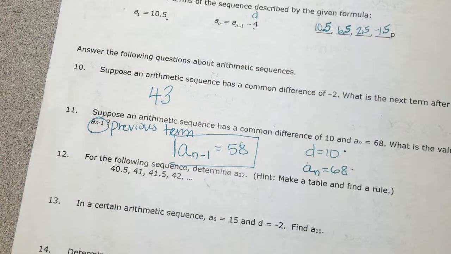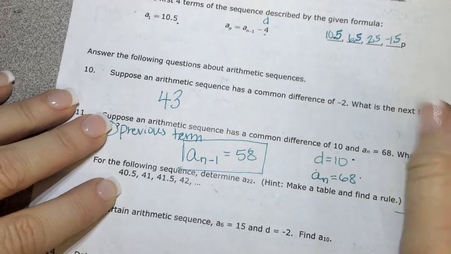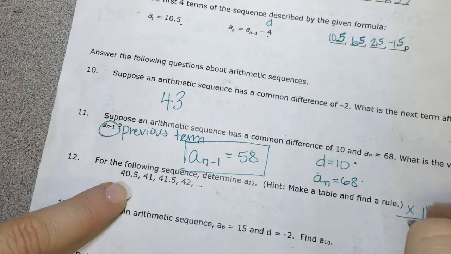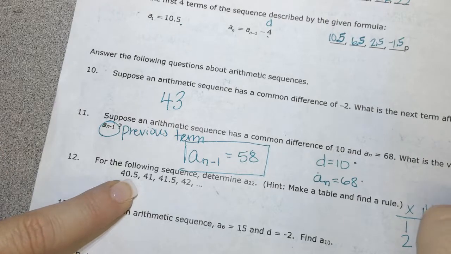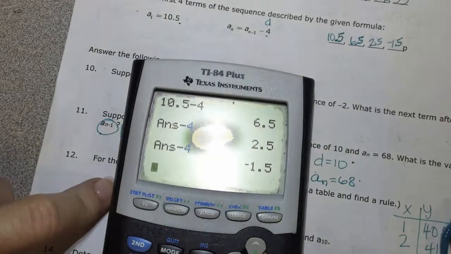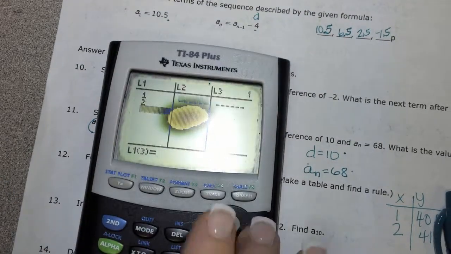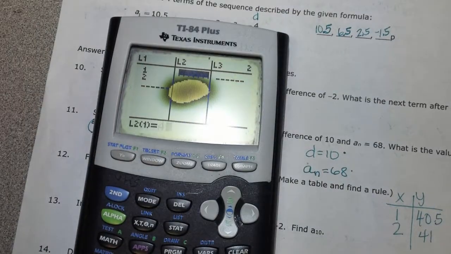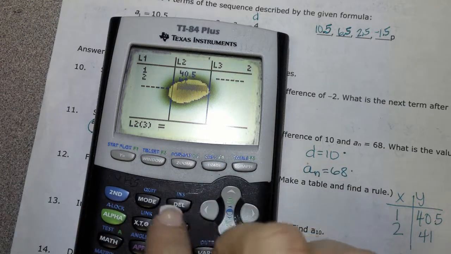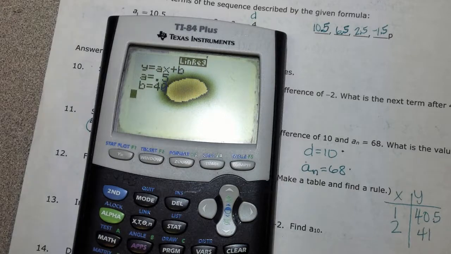Okay, the next one says, for the following sequence, determine a sub 22. So what I'm going to do is set up a table so I can find what my function rule is. So I know 1, 2, and then 40.5 and 41. So I'm going to go to stat, edit, 1, 2, and then L2 is going to be 40.5 and 41. Let's get our equation.